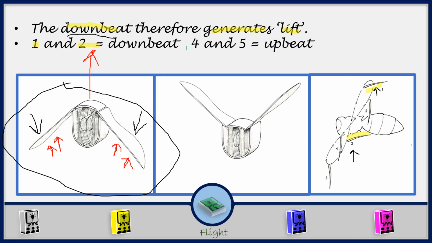And then we have 4 and 5, therefore the upbeat. 4 is this one here, and this one is for the upbeat. The wings are going back upwards, but as we have seen, when they are going back upwards, they are not in the horizontal angle. They are in a vertical angle, which provides less resistance.